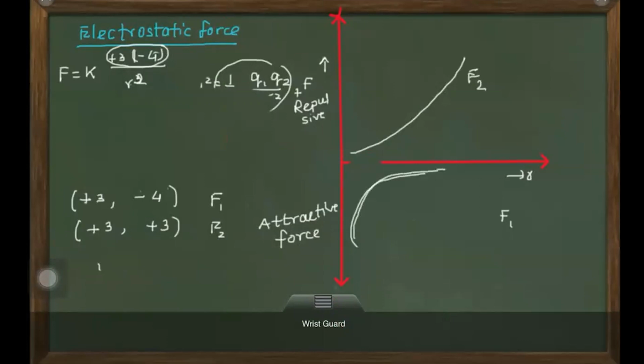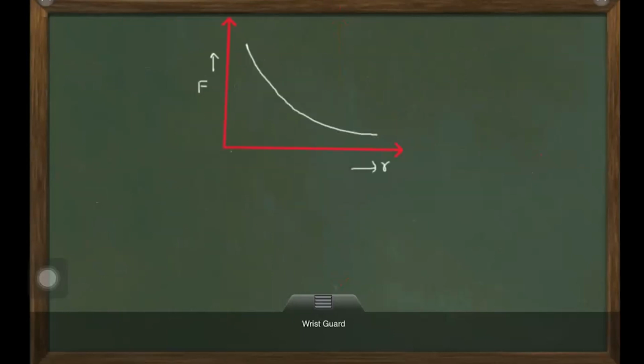When R is infinity, the force will be 0. So this is the graph, and this will also be changed. The graph that I have drawn is for force versus R square. So this is the graph for a positive-negative system. This is a positive-positive system. Commonly this is drawn in this way.